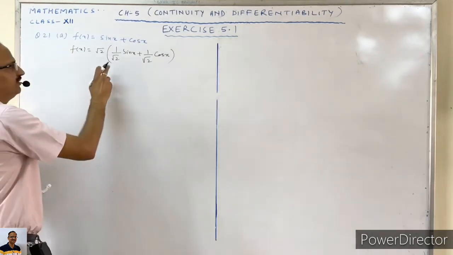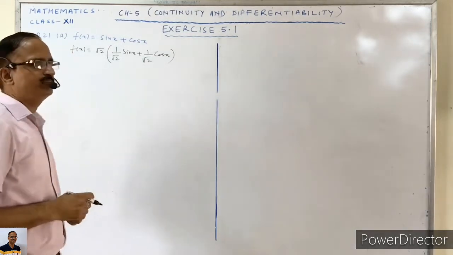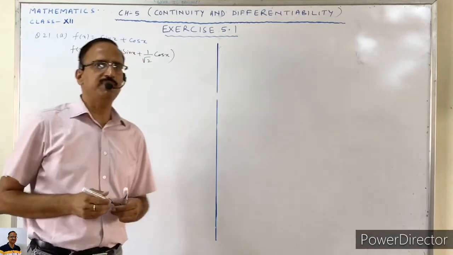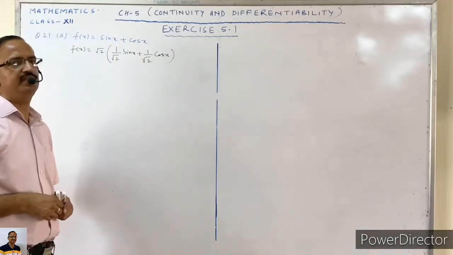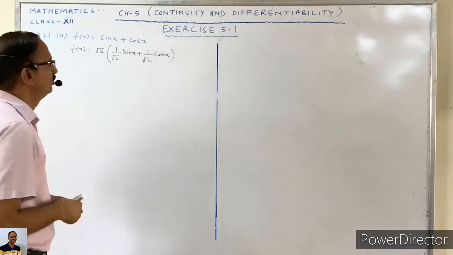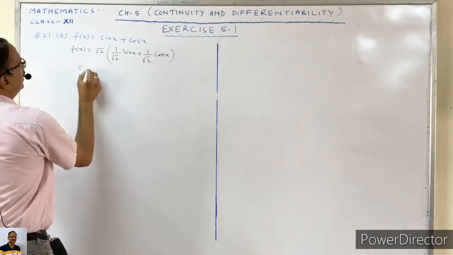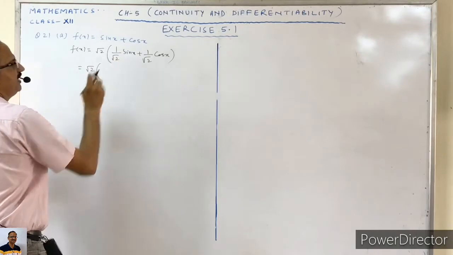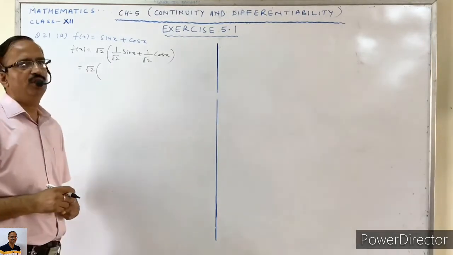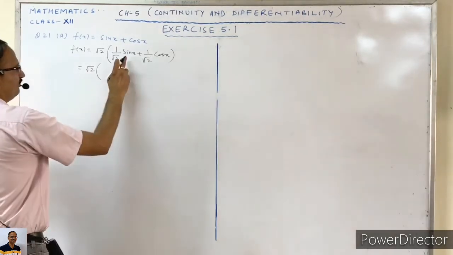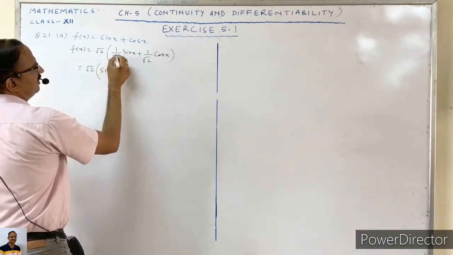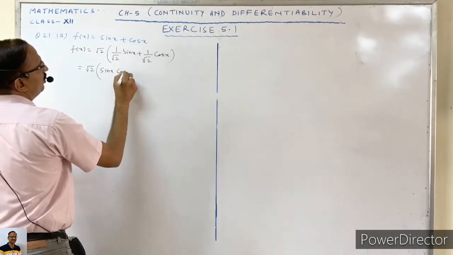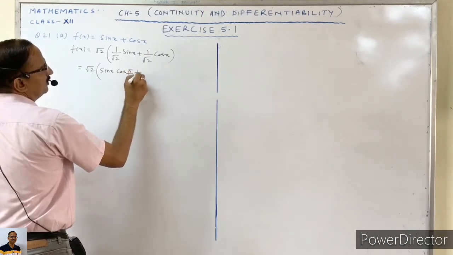Now, as we know that cos pi by 4 and sin pi by 4 both have the same value, that is 1 by root 2. So, in place of this, we can write cos pi by 4. So, we will write this sin x and afterwards the value of this, that is cos pi by 4.